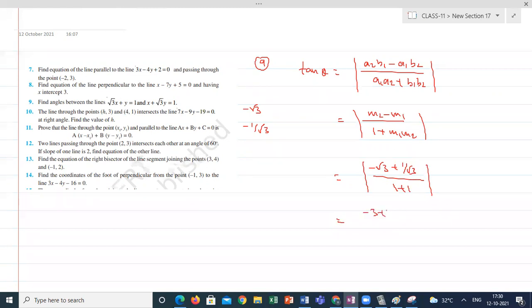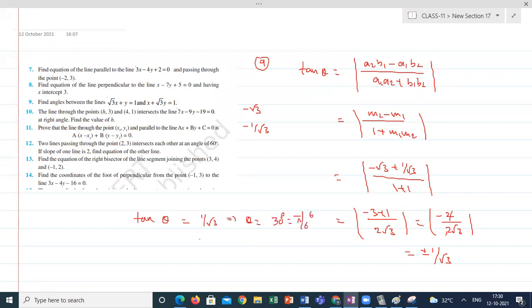This is minus 3 plus 1 by 2 root 3, modulus. Minus 2 by 2 root 3, modulus, 2 cancel, plus or minus 1 by root 3. Tan theta is 1 by root 3. Theta is equal to 30 degrees or pi by 6 radians, or minus 1 by root 3.